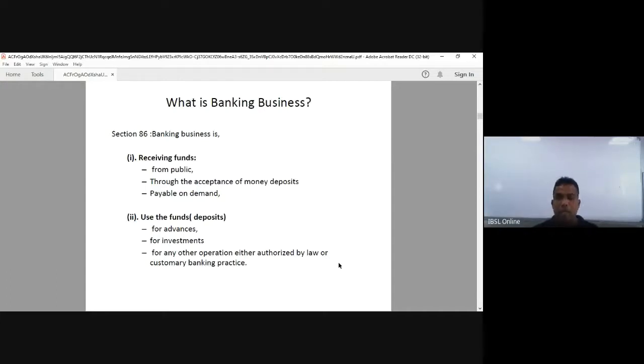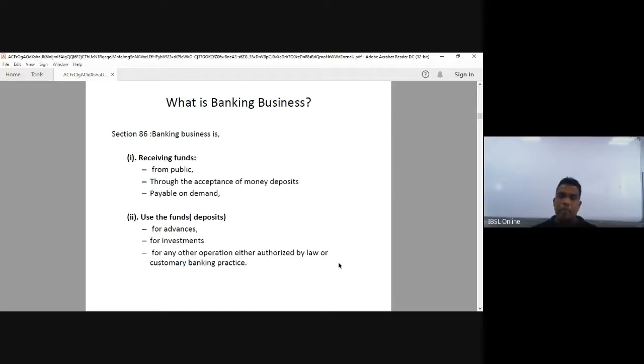Then number 3, the bank can utilize the funds of the depositors for any other operation either authorized by law or customary banking practices. So you can lend, you can invest. Apart from that, the bank can utilize the money of the depositors for any other commercial transaction which is authorized by law.